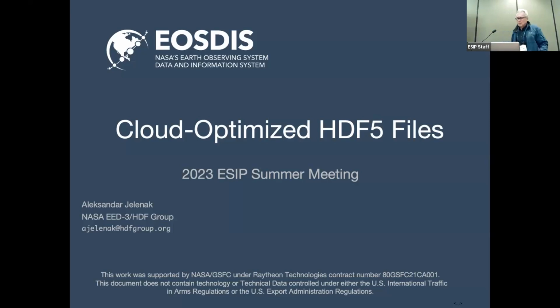The only problem is that for the files that were already created, it's kind of too late. But also the HDF5 library needs to be told to do some things that make HDF5 files cloud optimized, which is pretty much the same with GeoTIFF. You have to convert them or do something when you create those GeoTIFF files.